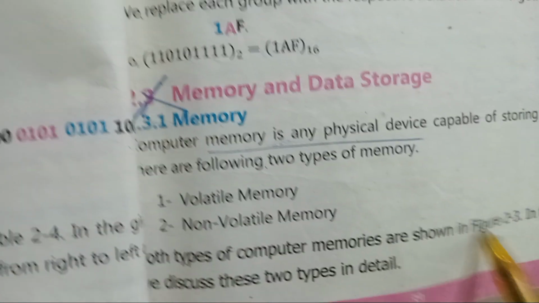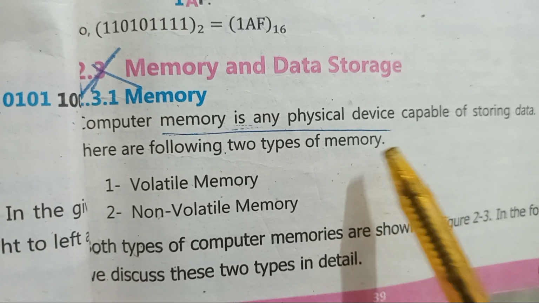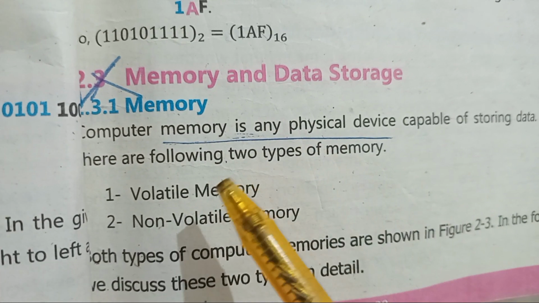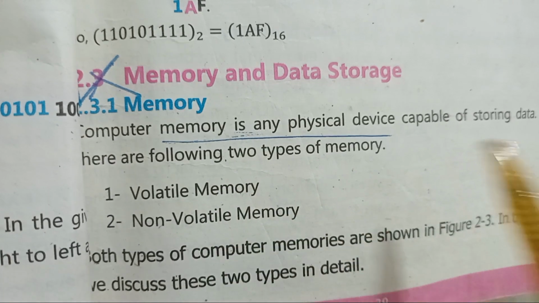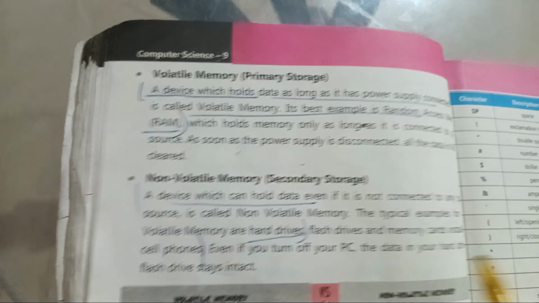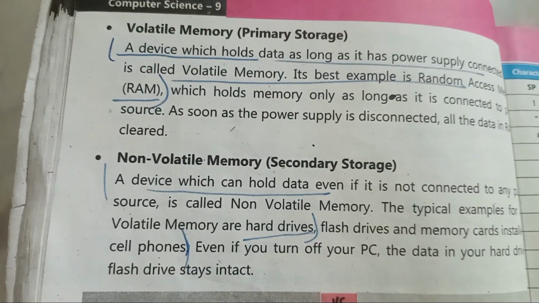Now there is another topic that is called the memory and data storage. Now as you know, there are two types of memory. Number one is the volatile memory, and number two is the non-volatile memory. Now basically volatile memory holds data as long as it has power supply connected.